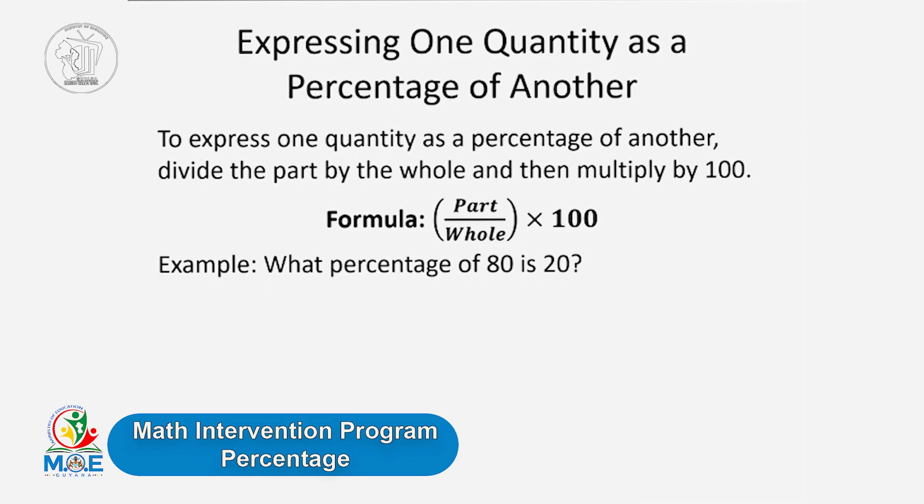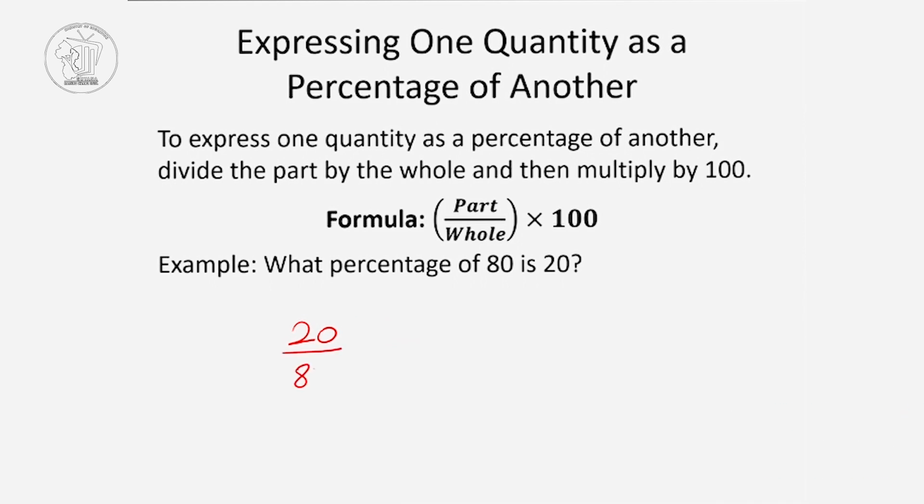So we see the whole here is 80, because we want to know what percentage of 80, which is the entire thing, is 20. So we put 20 over 80 multiplied by 100, and this will give us what percentage of 80 is 20. So this 0 will cancel out with this 0. 2 ones, 2 divided by 8 is 4.